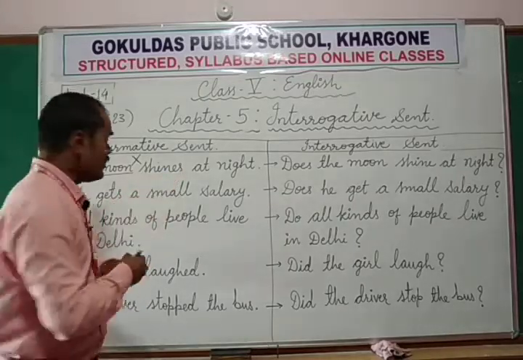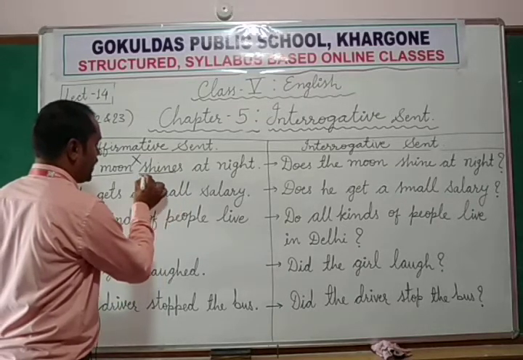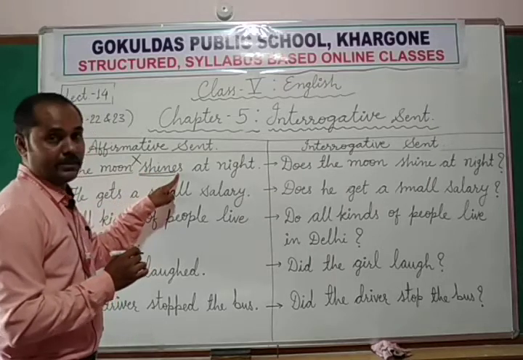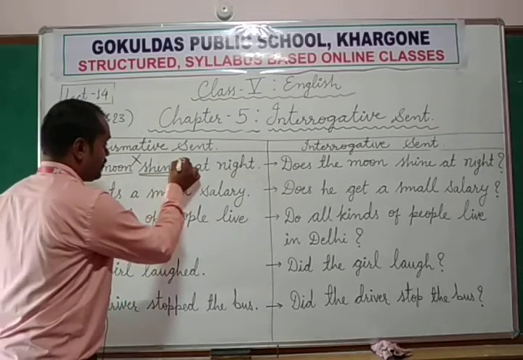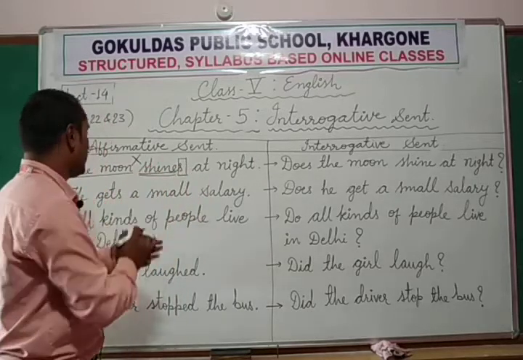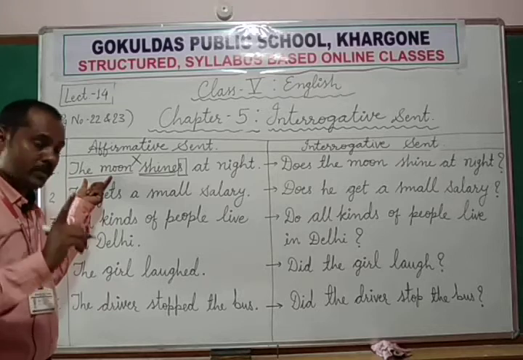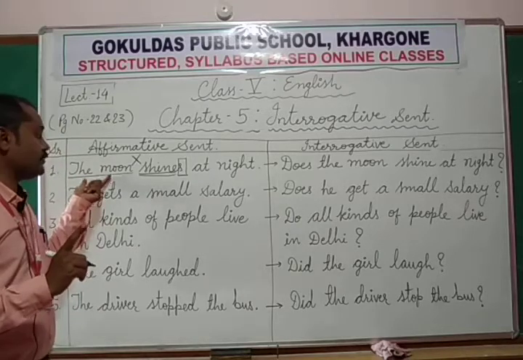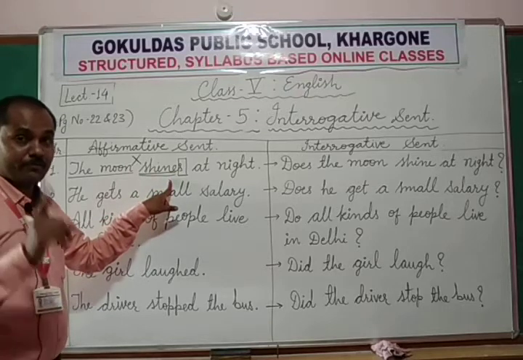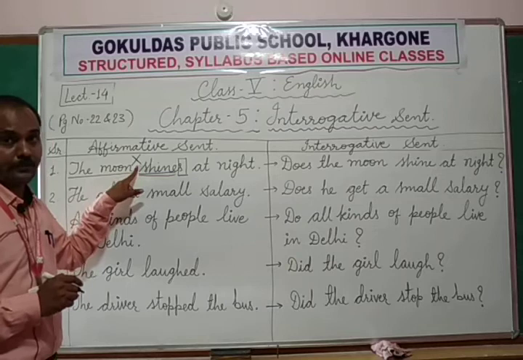Shines. The basic form of the verb is shine, only shine. S is added here already. The moon is a singular subject, and with a singular subject the main verb takes the s form, with no helping verb in between.